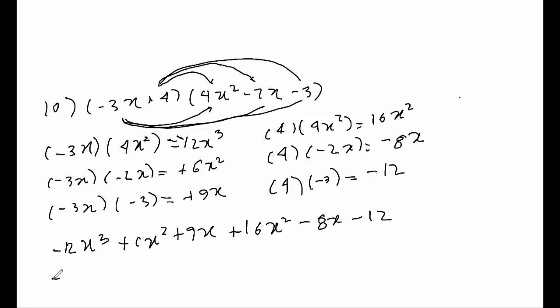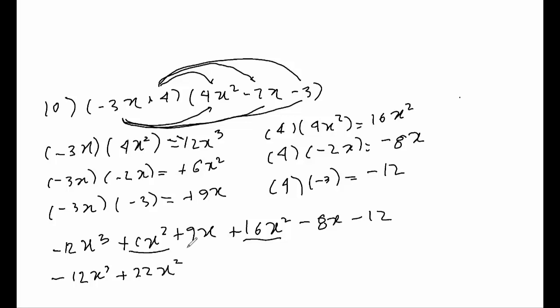Well, we only have one cubed, so that's minus 12x cubed. And then for the squares, 6x squared, 16x squared, and that gives us plus 22x squared.